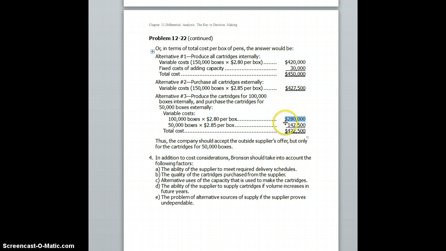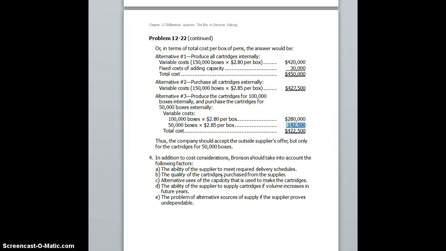To purchase 50,000 boxes at $2.85 per box would be $142,500. Total cost $422,500. So as you can see, it would be cheaper to produce 100,000 boxes and purchase the remaining 50,000 boxes. We would save anywhere from $27,500 down to $22,500, as opposed to trying to produce all of these internally.